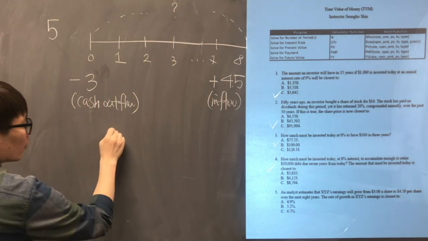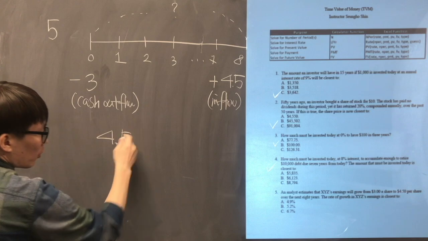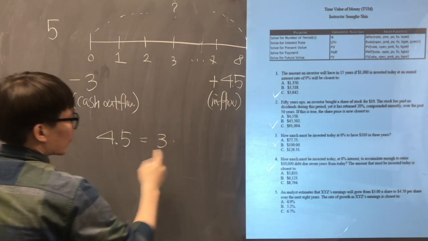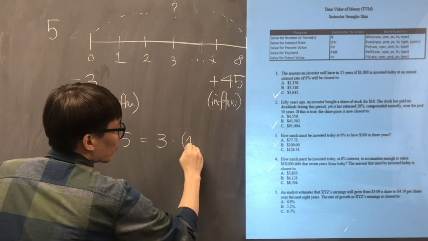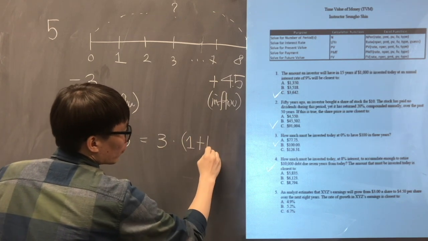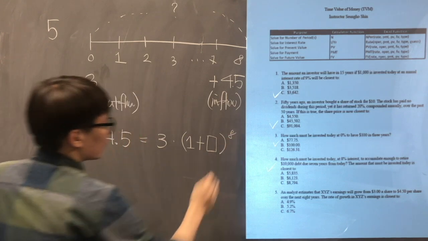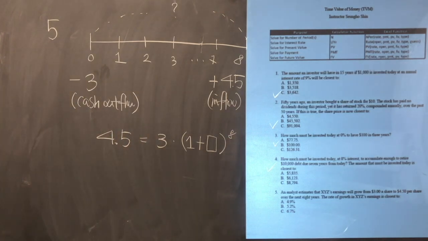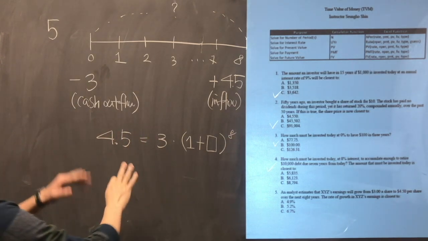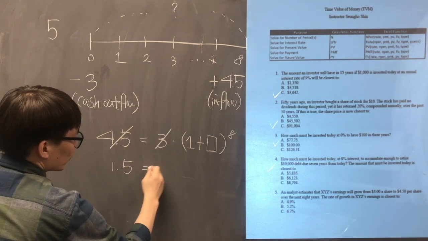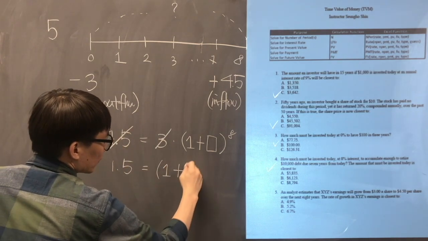So 4.5 future value equals current value times 1 plus, we don't know, and how many years? 8 years, right? So I don't know how to do it directly. See that 1.5 equals 1 plus this rate to the power of 8.